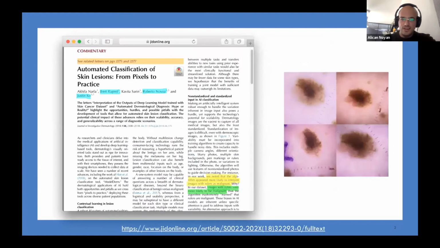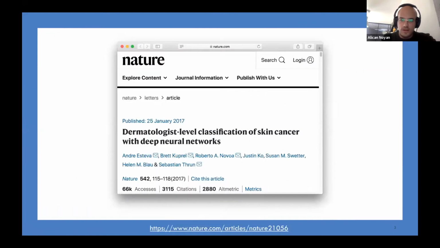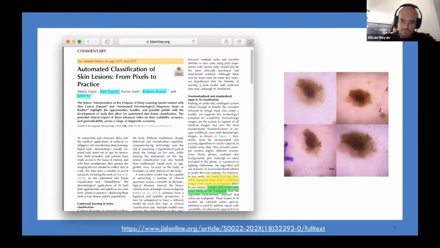But a year later, the same authors published another paper and they say, we noted that the algorithm appeared more likely to interpret images with rulers as malignant. Why? Because in the data set that they collected, images with rulers were more likely to be malignant. So the network learned that if there is a ruler, this is probably malignant. So this shows you that the claim is possibly not true. Dermatologist level classification is not really the reality.